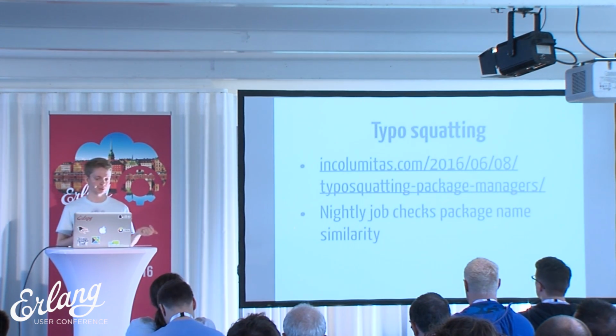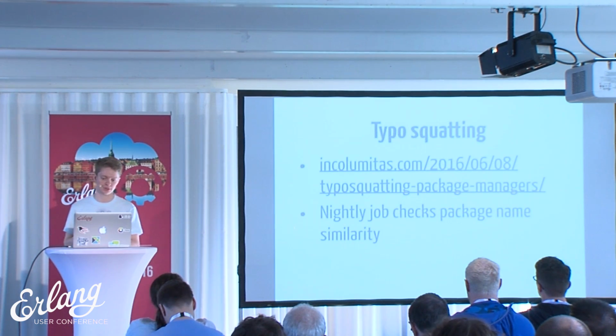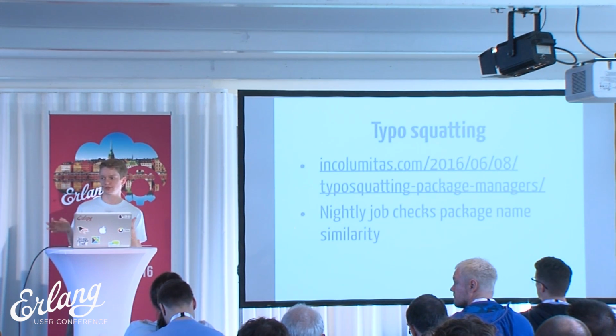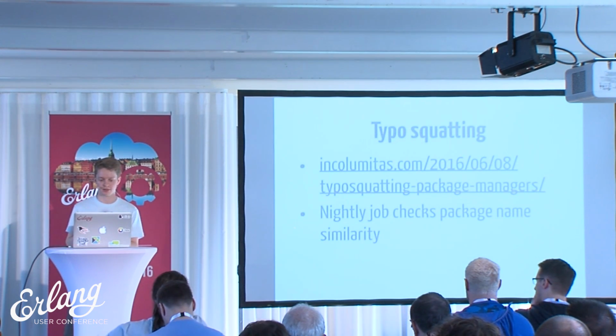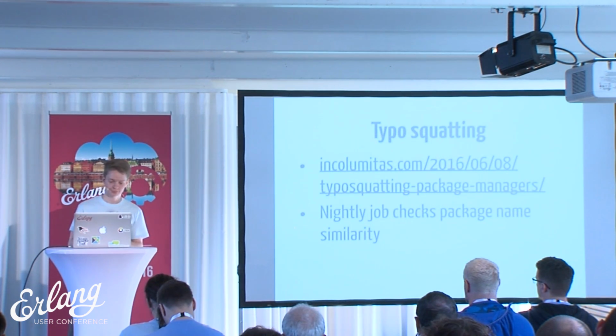Another issue is typo squatting. There was a paper that came out this summer that describes an attack on package managers where a malicious user can find popular packages, find common typos for those packages, and publish packages with the common typo names with malicious code.